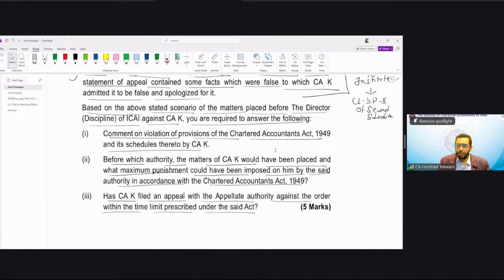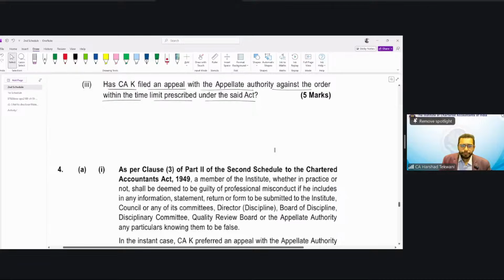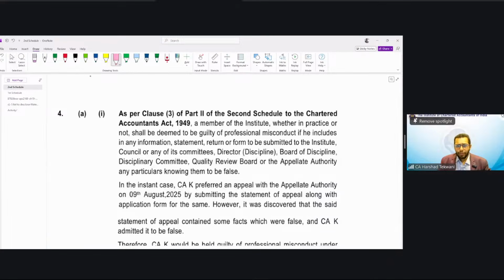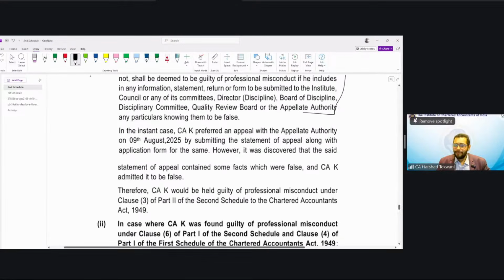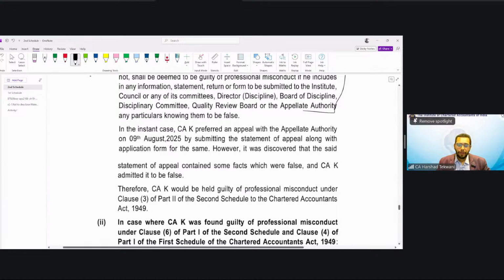So the first answer was clause 3, part 2 of the Second Schedule. You need to specify that. Then, in the instance, he filed an appeal containing some facts which were known to be false, therefore guilty of professional misconduct. So you need to do provision, analysis, and the conclusion.